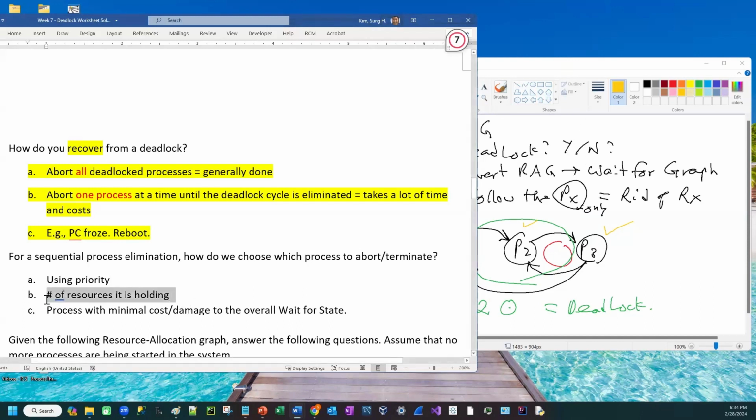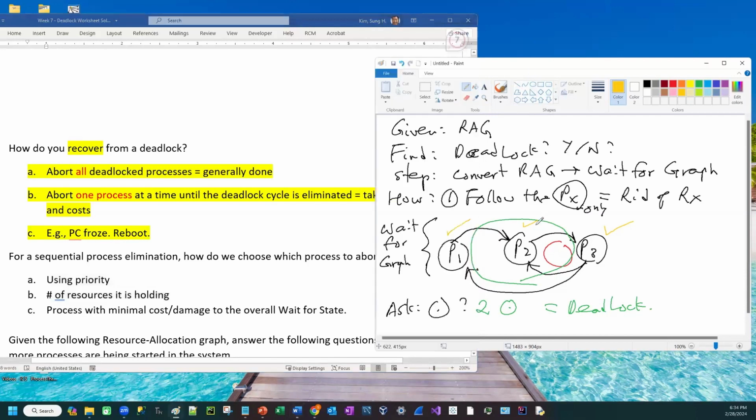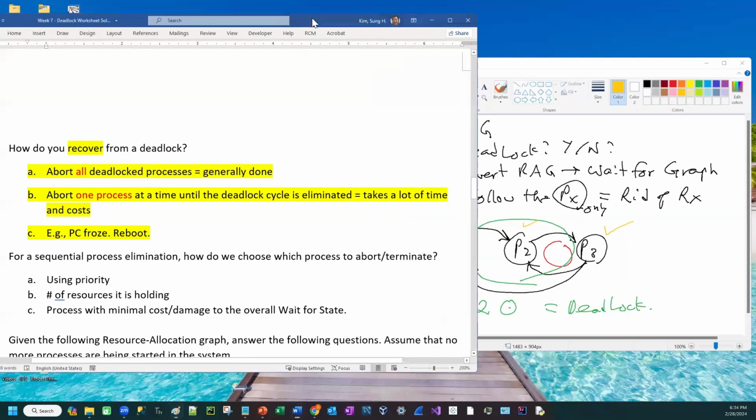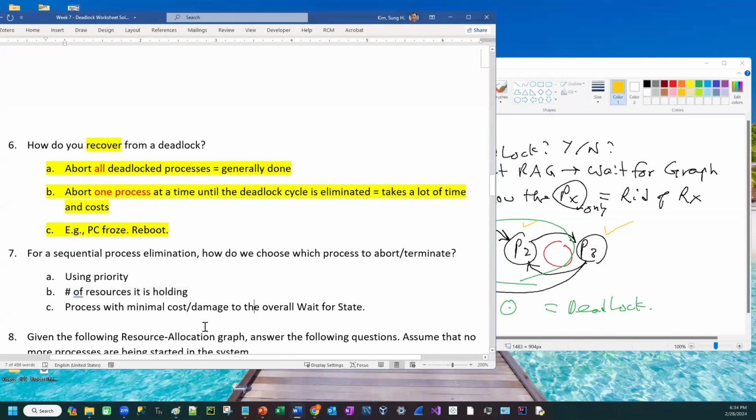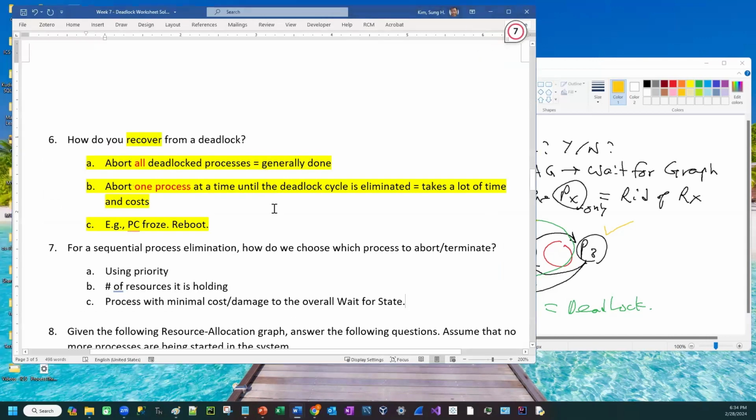Or maybe you want to get rid of the one that is hogging a lot of the resources, and by getting rid of that, it'll allow other processes to move through. But the basic idea, if you're doing it one by one, is to get rid of the target process that costs you the least, right? Those are the strategies.